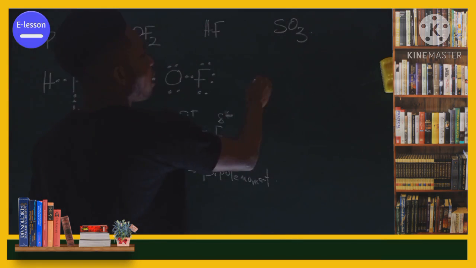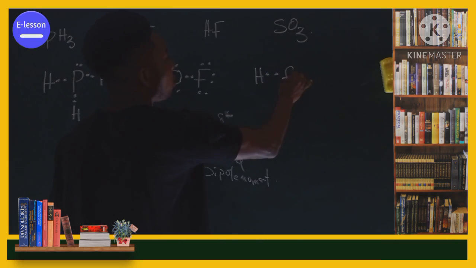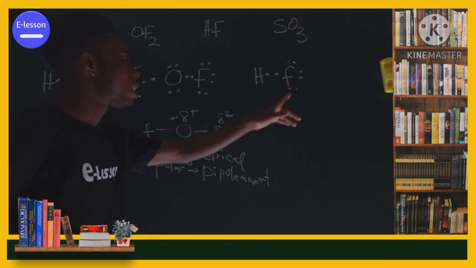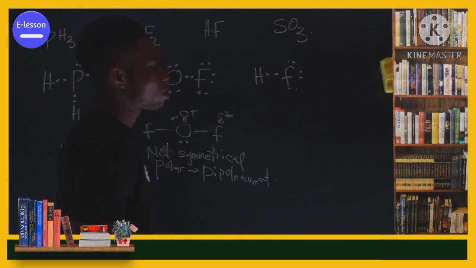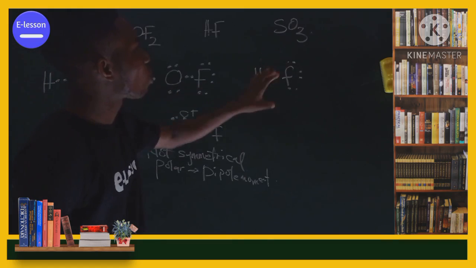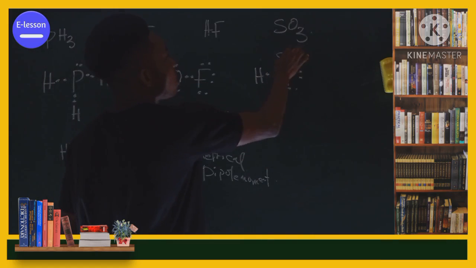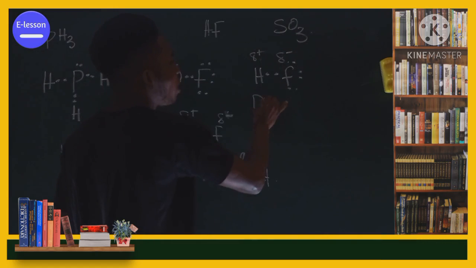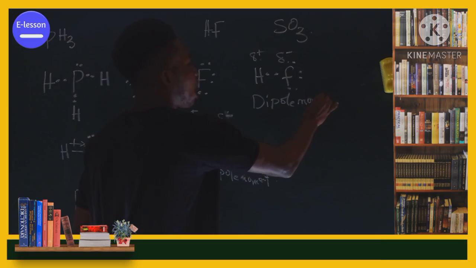Let's look at HF. Now the Lewis structure for HF is very easy. Of course, we know we have our lone pairs of electrons. First of all, it has a lone pair of electrons, so it's not symmetrical. Secondly, the two atoms have a positive end and a negative end, so it has a dipole moment, and the two atoms are different atoms.